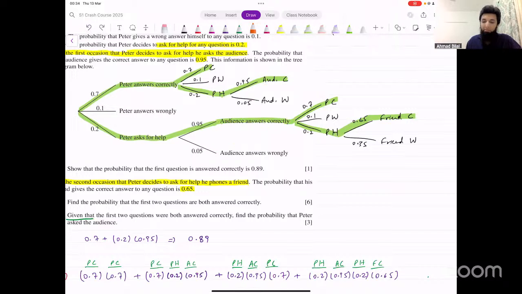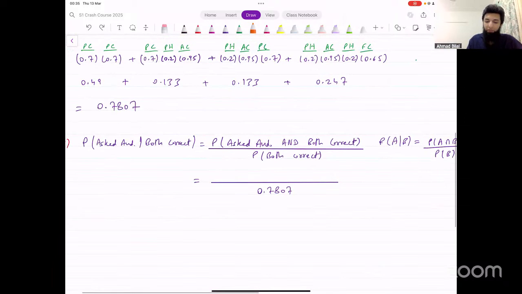Right? So what we can do now is in the numerator, we would have these three probabilities added. The fourth probability is 0.0247.